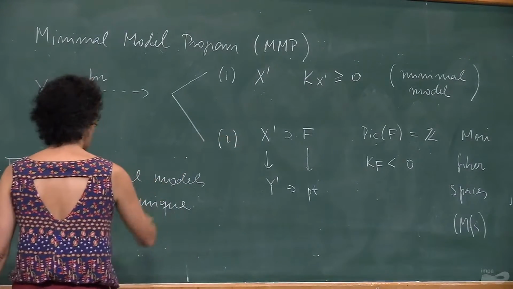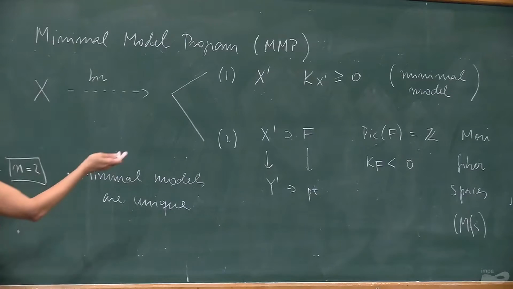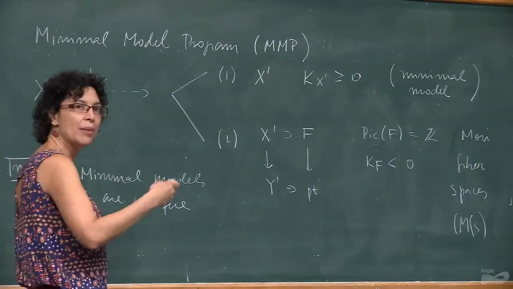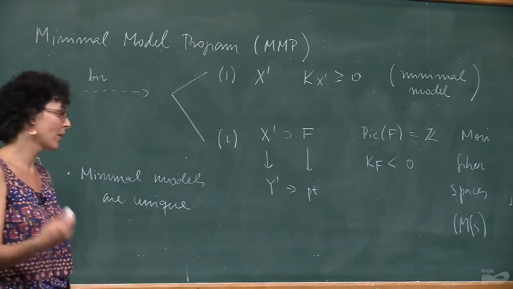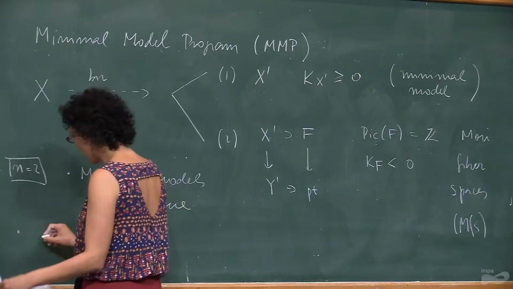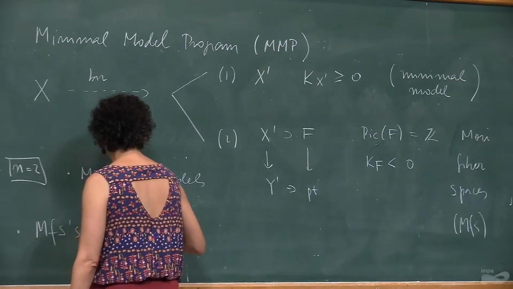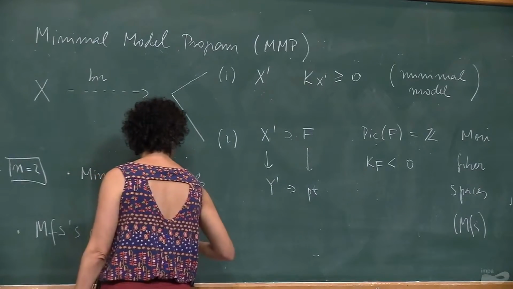While if you are, for instance, in the case of P^2, then there can be infinitely many Mori fiber spaces in the same birational class. So Mori fiber spaces are not unique.